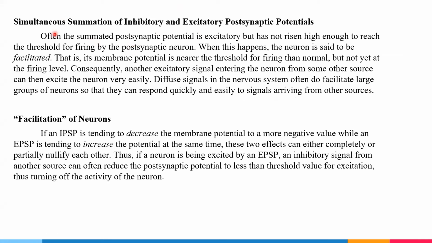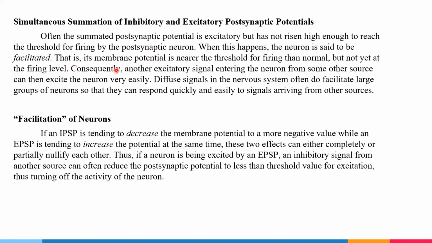Next, we look into how the simultaneous summation of the inhibitory and the excitatory postsynaptic potentials helps in facilitation of neurons. Often, the summated postsynaptic potential is excitatory but has not risen high enough to reach the threshold for firing by the postsynaptic neuron. When this happens, the neuron is said to be facilitated.